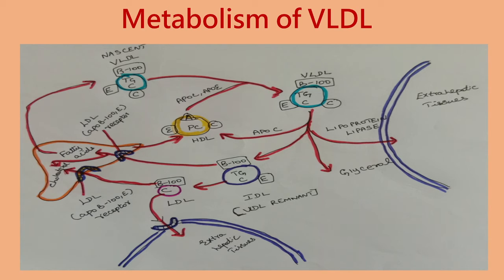Now this leads to the formation of VLDL remnants, and these VLDL remnants will contain only apoprotein B100 and apoprotein E. It will not have apoprotein C. So this is also called IDL, which will lack apoprotein C. The released apoprotein C from this mature VLDL will be used up to form HDL, high density lipoprotein.